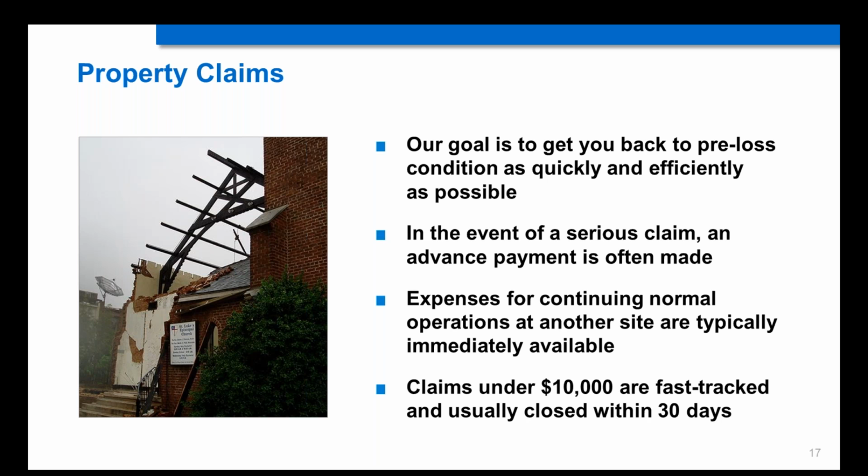But if there is a serious claim, we try to make an advance payment. Essentially, you're borrowing against the ultimate cost of the claim. But that takes out a lot of the uncertainty to help ease the severity of the situation. It helps take away the emotional part of the claim.